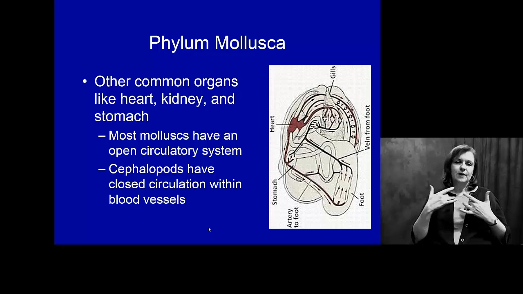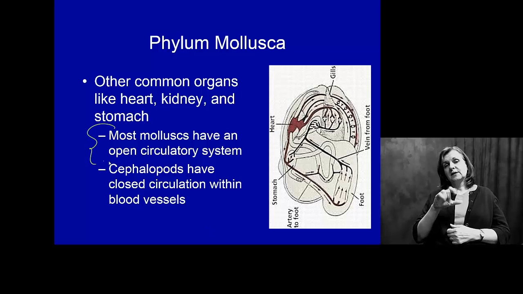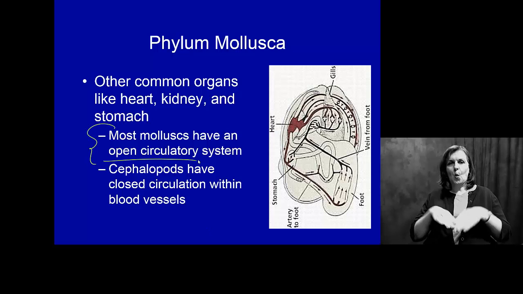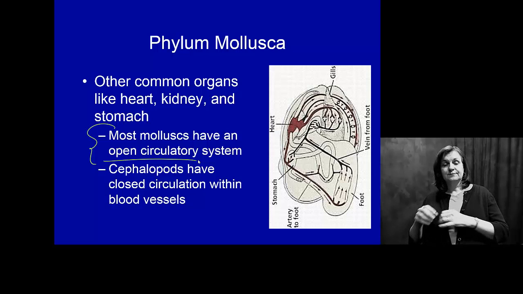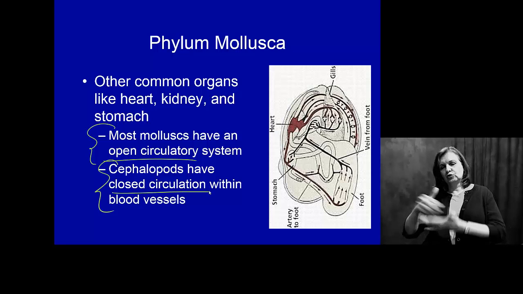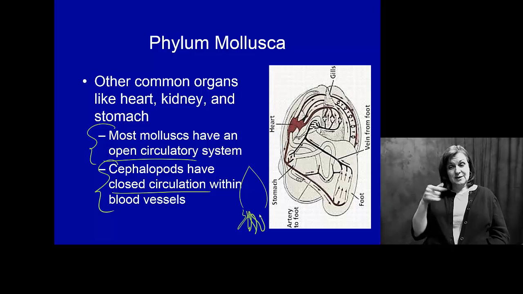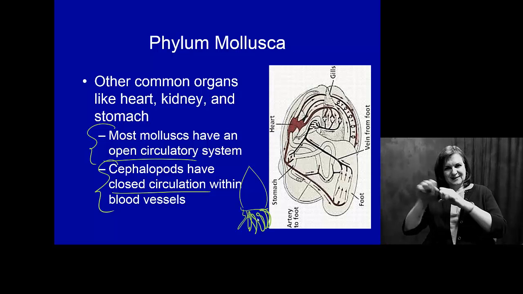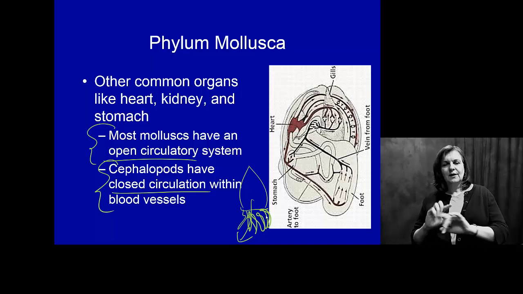Other things we mentioned, heart and kidney and stomach. We do see that most mollusks are going to have an open circulatory system, meaning that they don't have an extensive amount of blood vessels. The cephalopods, though, do. They've got a closed circulatory system, but if you think about the shape of our squid that we saw earlier, if he had an open circulatory system, all of his blood would just drain out of his head, right? That's not going to be effective at all.